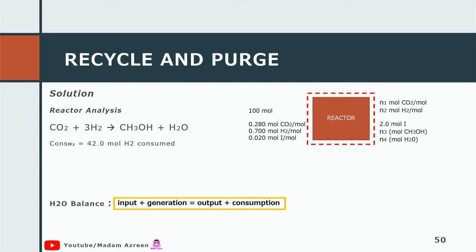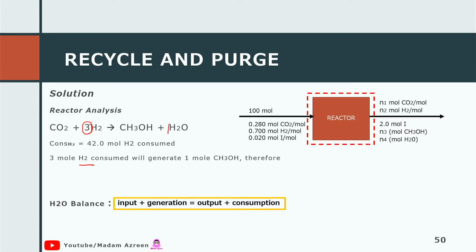Again at the reactor, you can determine the amount of H2O being produced. Again from stoichiometry, 3 moles of hydrogen reacting will produce 1 mole of H2O. I'm sorry, this is a typo here. It should be H2O.